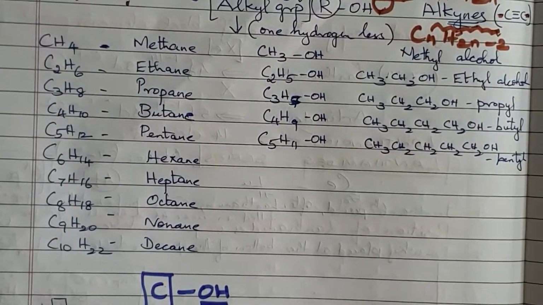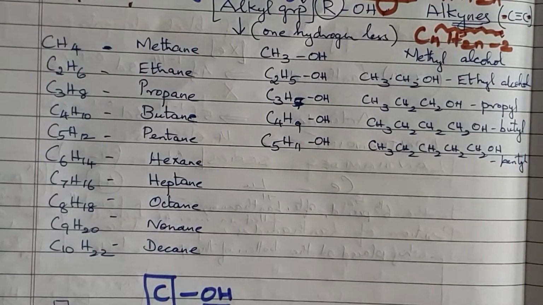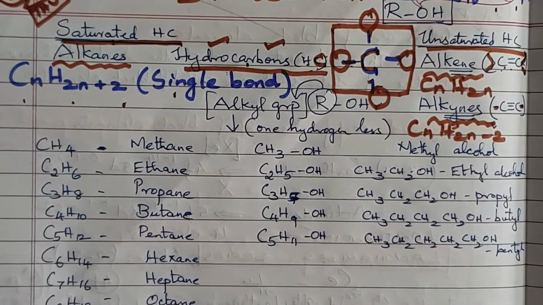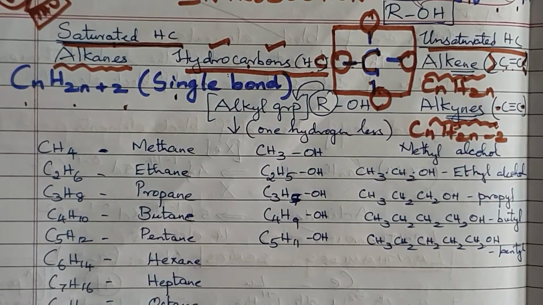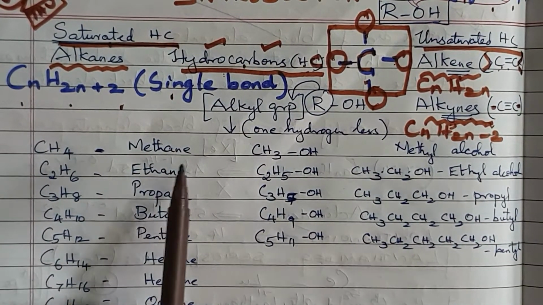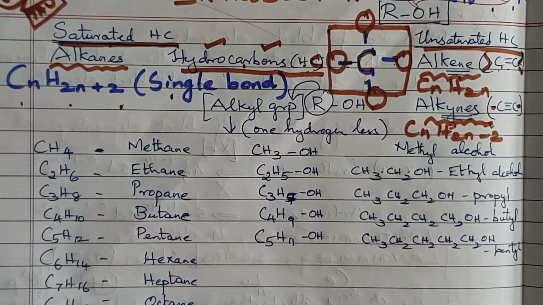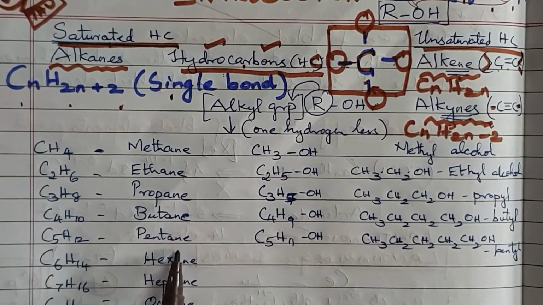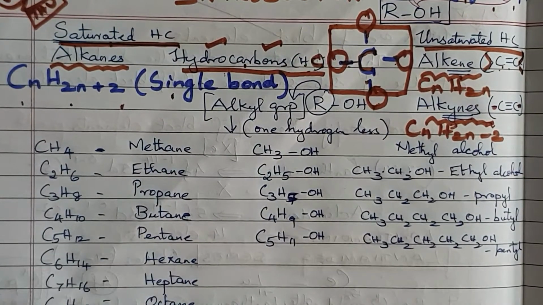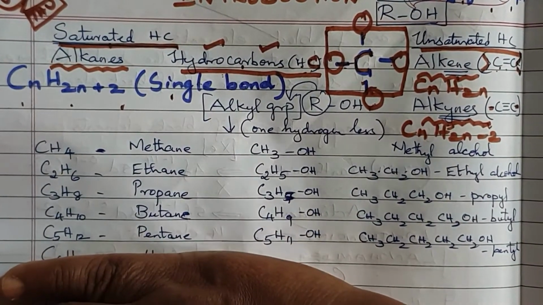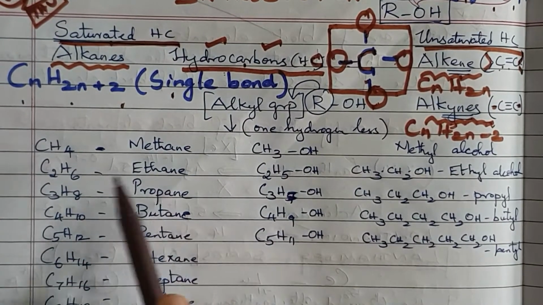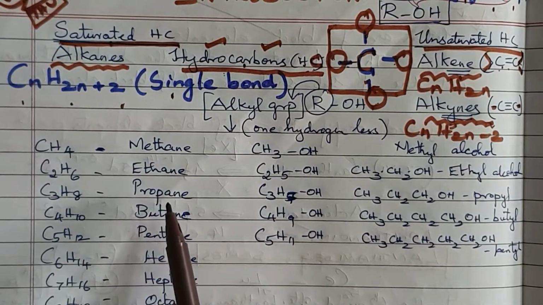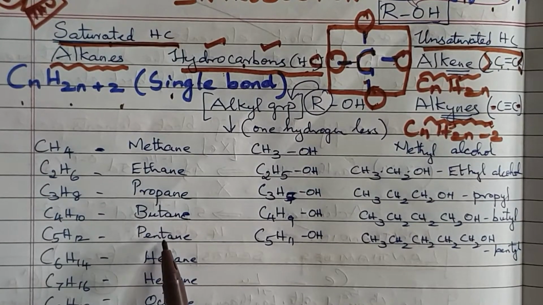Now we are going to see the first 10 alkanes. Let's go through the names: methane, ethane, propane, butane, pentane. Let's learn the first 5 alone: methane, ethane, propane, butane, pentane.